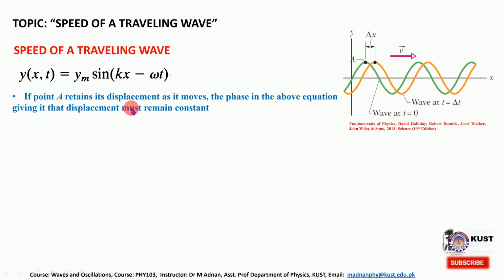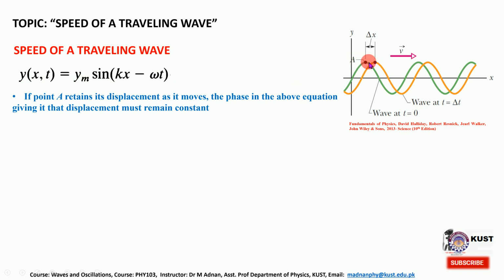So by condition, if point A retains its displacement as it moves, the phase in the above equation tells us that the displacement must remain constant. For example, the first one is represented by y1 equal to y1m sine of kx minus omega t, and the other by y2 equal to y2m.